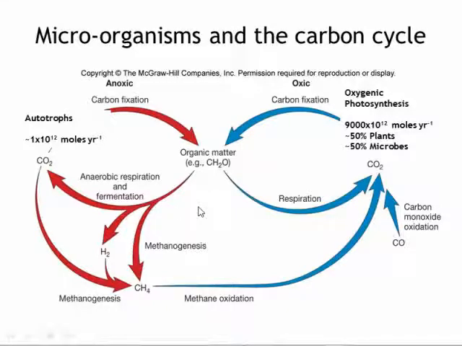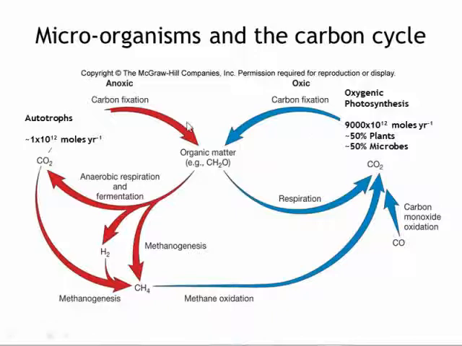Now, in terms of carbon fixation, the really big contributors are oxygenic photosynthetic organisms. So land plants and oceanic microbes, so these will be diatoms and cyanobacteria. And it's about 50-50 in terms of carbon fixation on land and in the oceans.